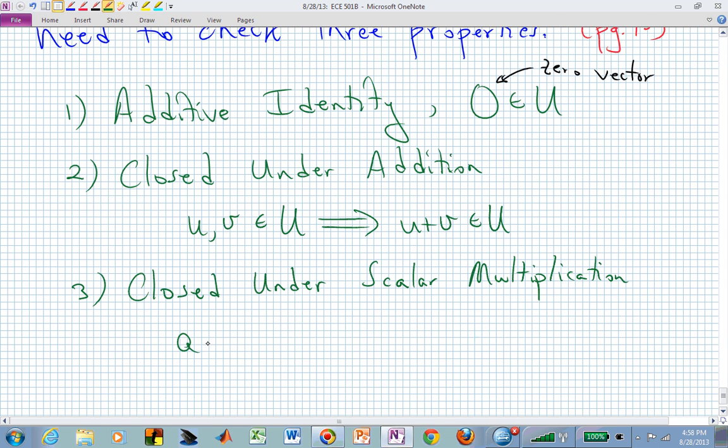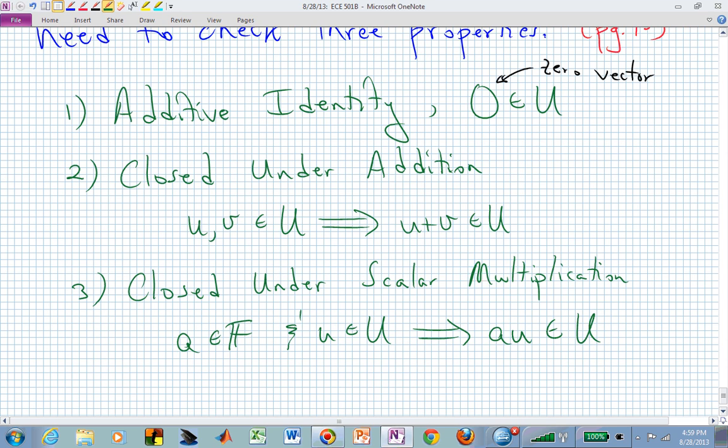Meaning, if we take an element from our field, F, which could be the reals or complex, and we take a vector out of U, then we need that scaled version of our vector to still live in our subset. If all three of these are true, then U is a subspace.